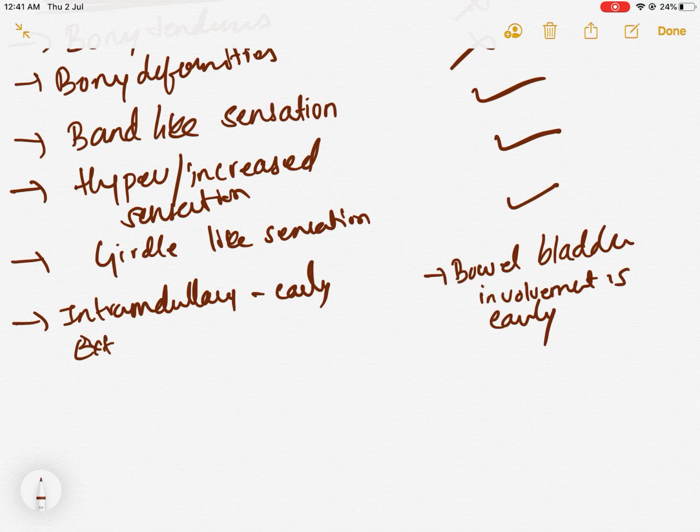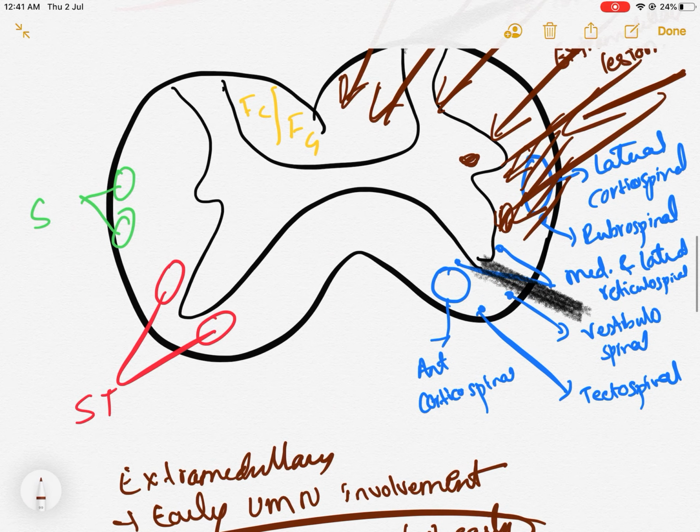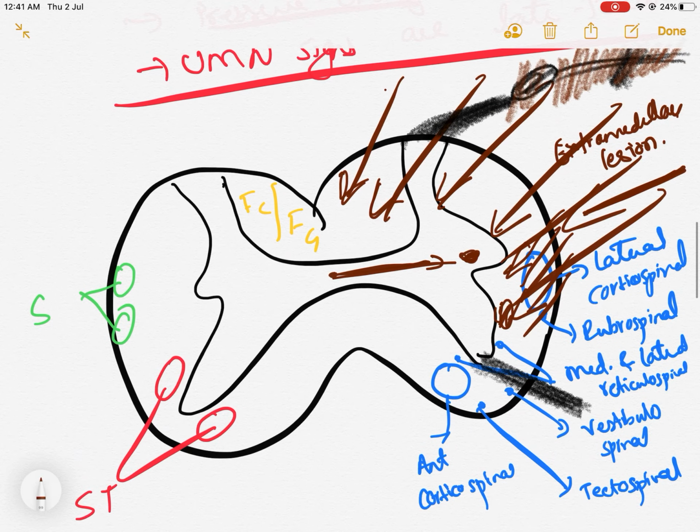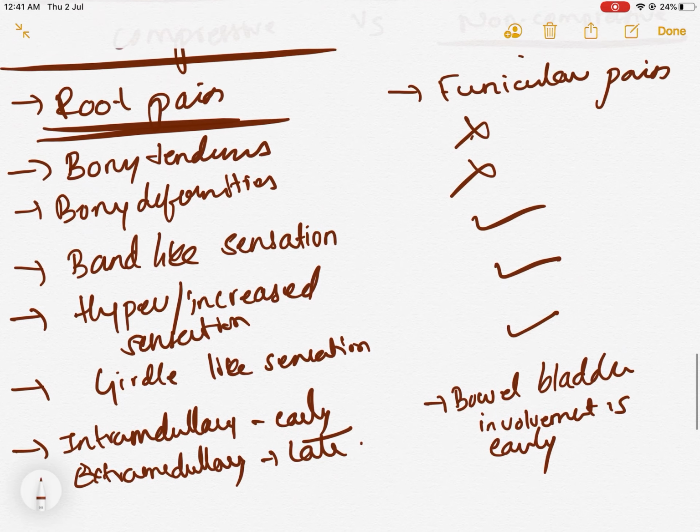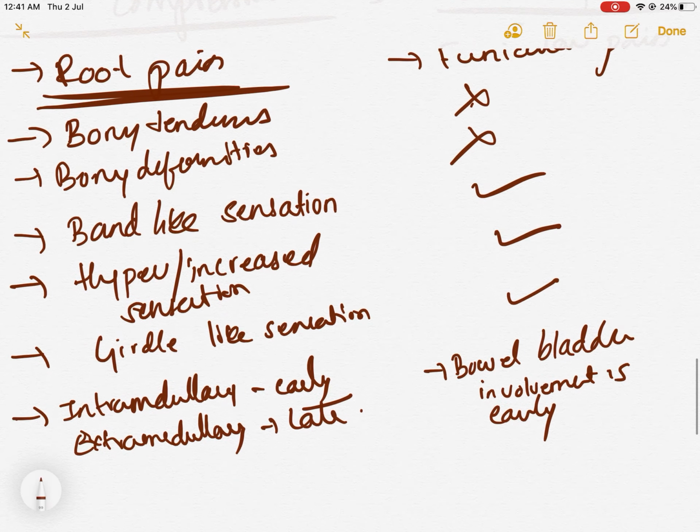If it is extramedullary, it is late. Okay, the reason I explained here, because an intramedullary lesion will reach the intermediate horn early and cause bowel bladder involvement early. However, the extramedullary lesion will reach this horn very late, so it causes bowel bladder involvement very late. Okay, so this.